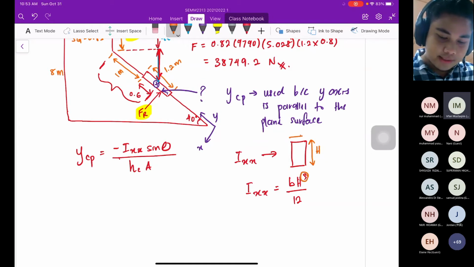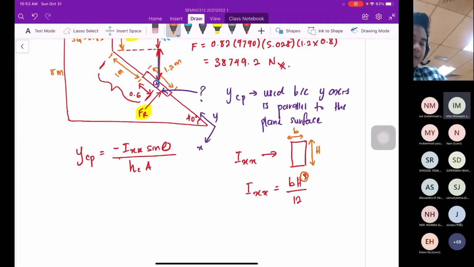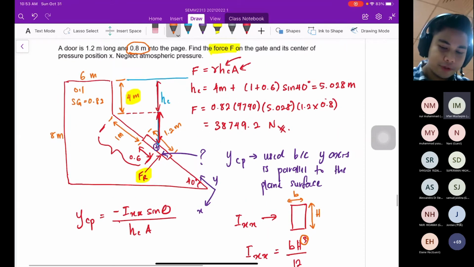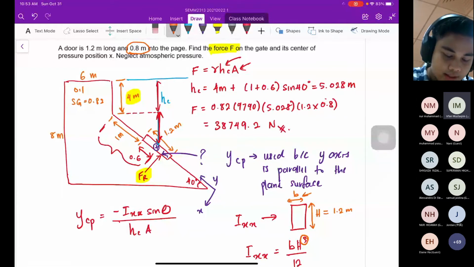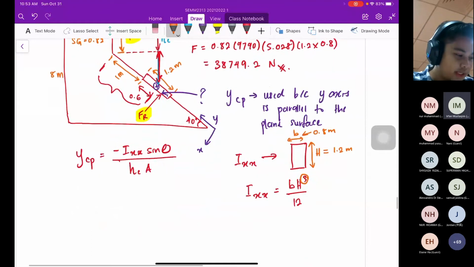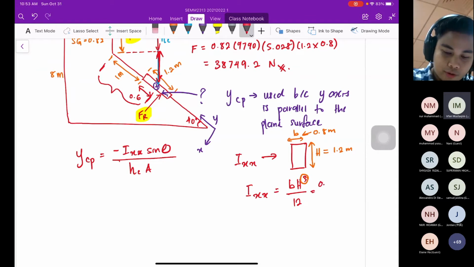The shortest one is the B. So based on the dimension of the door, H equal to 1.2 meter and B refers to 0.8 meter. Substitute in the equation: 0.8 multiplied with H 1.2, the power of 3 over 12.